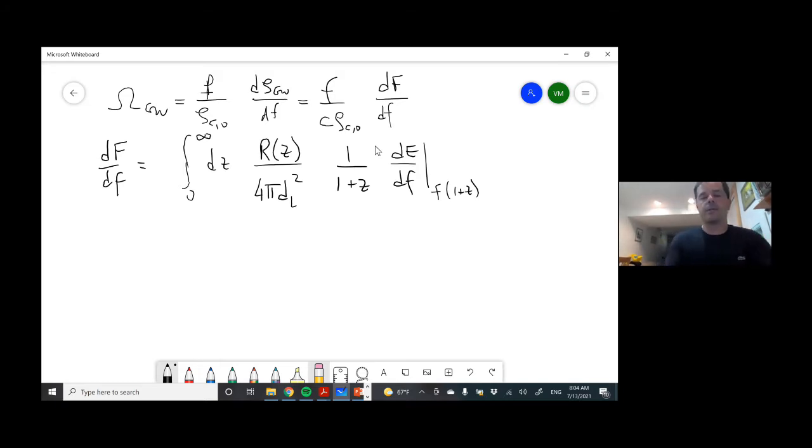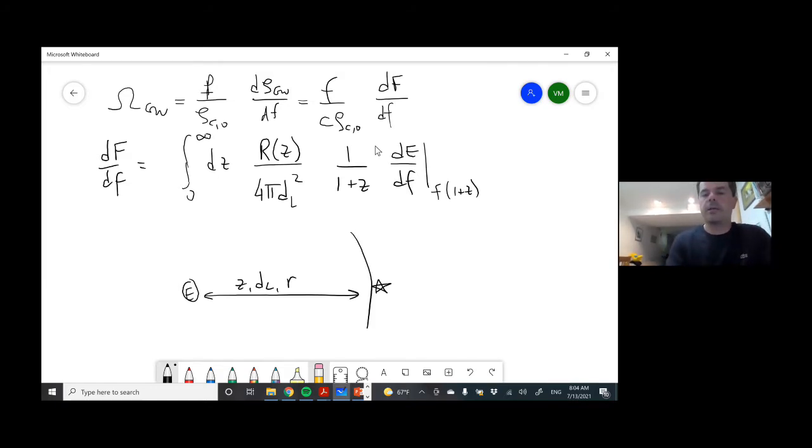So the story here, if you remember, was that if the Earth is here, we're basically looking at some sources some distance away. So this would be some redshift z, or similarly some corresponding luminosity distance dL. The proper coordinate in cosmology, if you're familiar with that, would be some r.